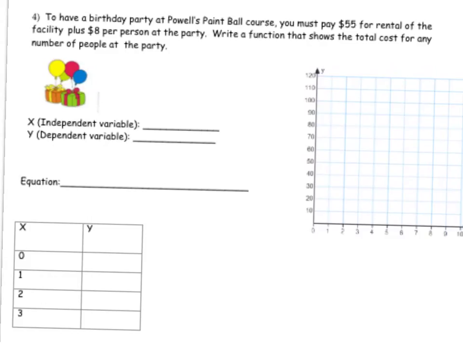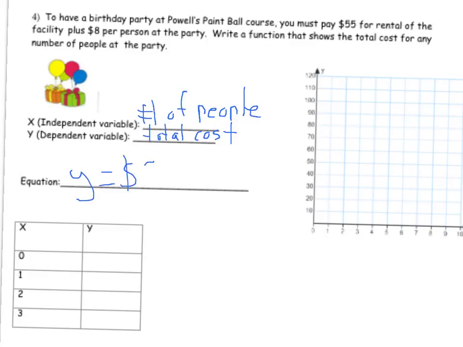Okay, so the independent variable is going to be number of people at the party. The dependent is the total cost. The equation that you're going to write is going to be y equals flat rate of $55, and then you pay $8 a person. Okay.